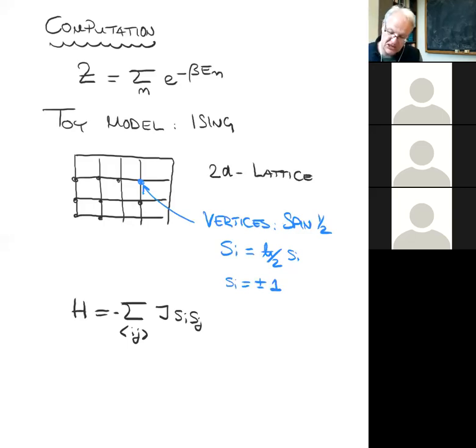And they can potentially, this being a model for a magnet, sit in an external field. And the external field will simply couple to the magnetic moment of the spins. So the coupling to the external field, I will write as -h, which is the external field, times the sum over all spins, times Si. So this is my Hamiltonian.